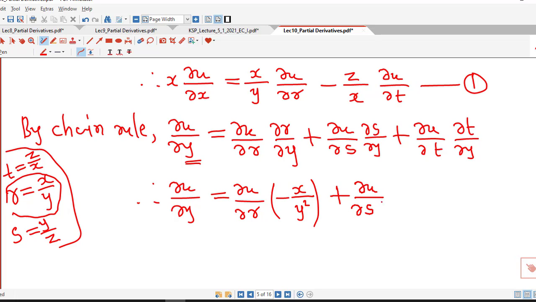plus del u by del s times del s by del y, which is 1 by z constant, derivative of y is 1, and plus del u by del t times del t by del y, so there is no y in t, so derivative is 0.